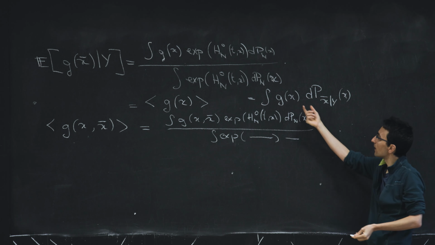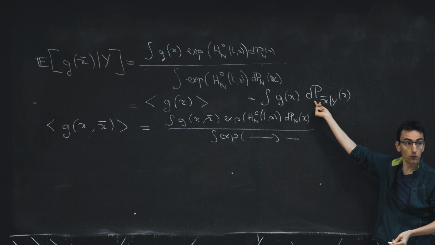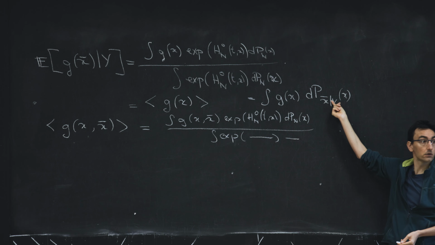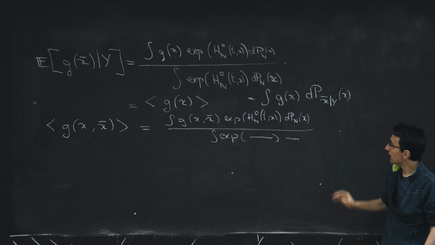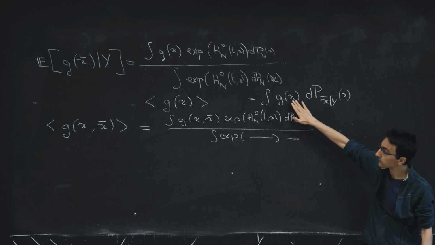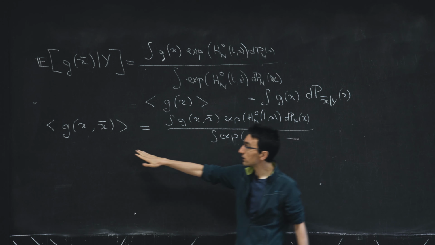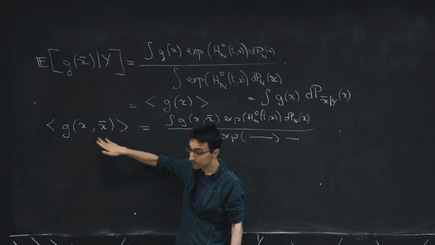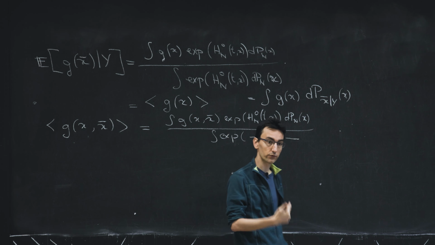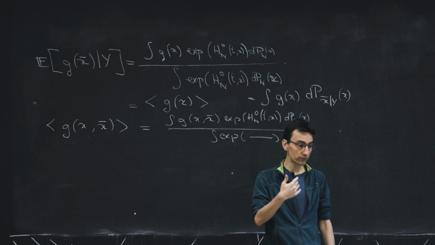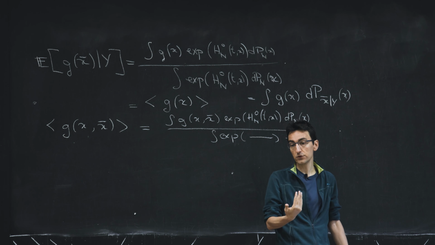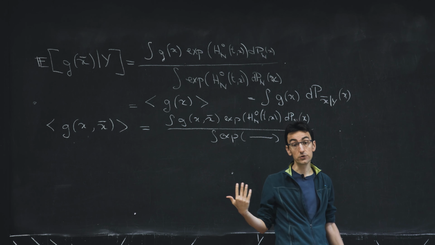You're really sampling x according to the conditional law of x bar given y. I want to stress one more time that this random variable is different from x bar. If you imagine, for instance, that t equals 0, then from the observation you get zero information about x bar.